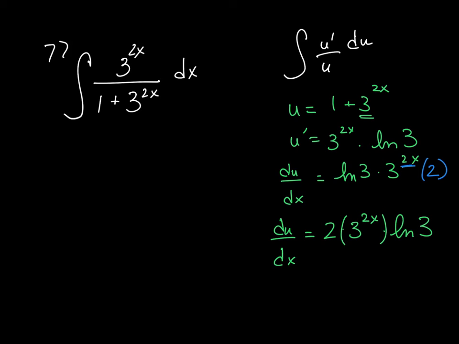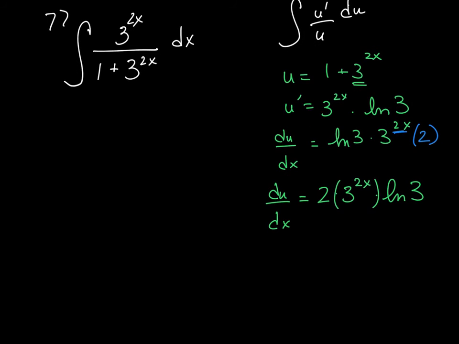Okay, so once we have that, we can go ahead and isolate and solve for dx. So dx just becomes equal to du all over 2 times 3 to the 2x times the natural log of 3.